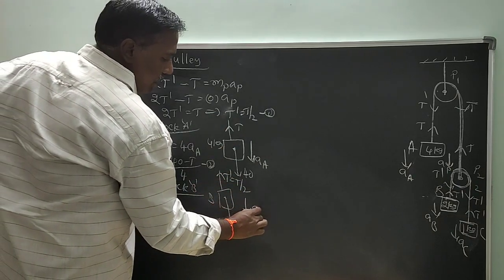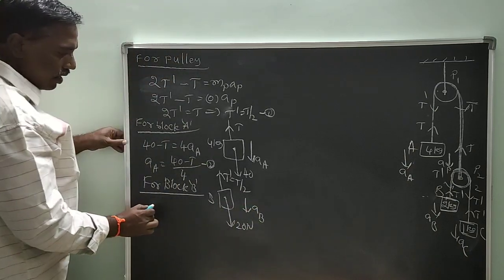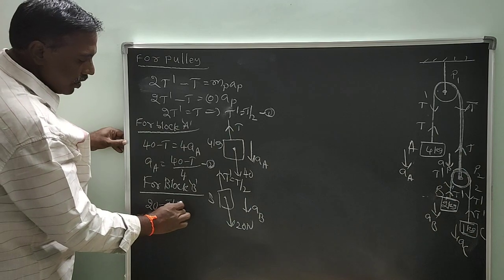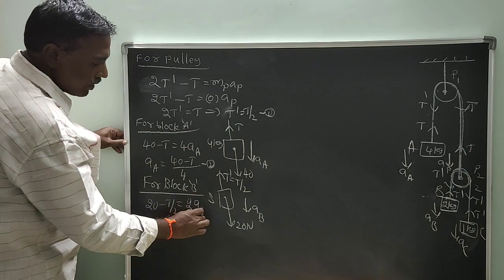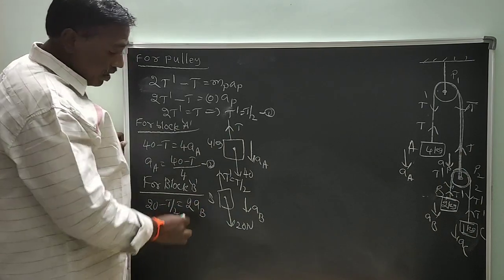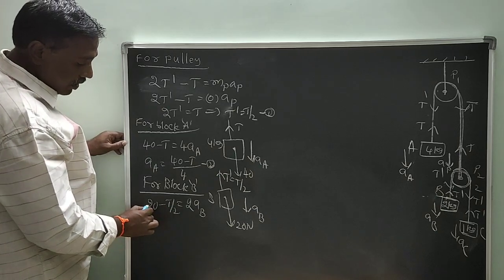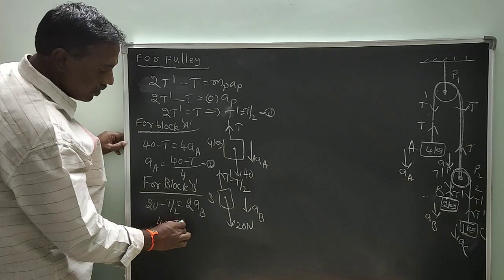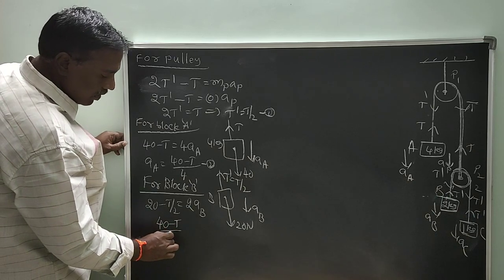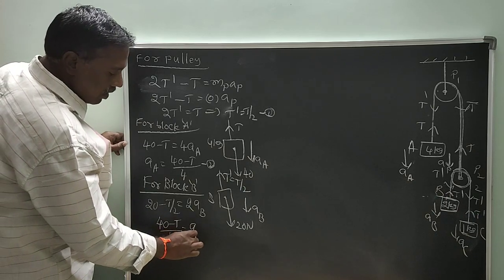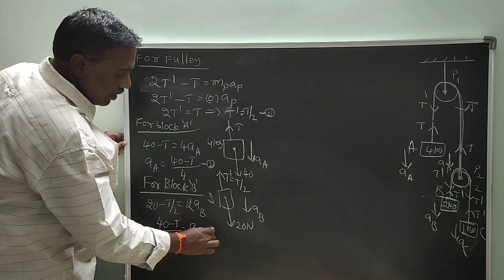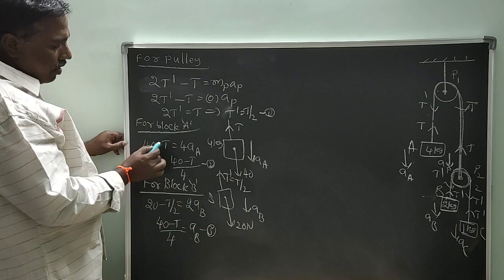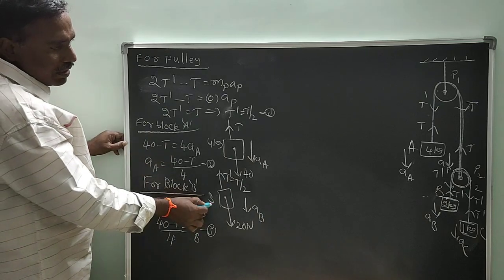Its acceleration AB is downward. So 20 minus T by 2 is equal to 2 times the acceleration of B. This is equation 2, giving the acceleration of B. So we have the 4 kg block and the 2 kg block.